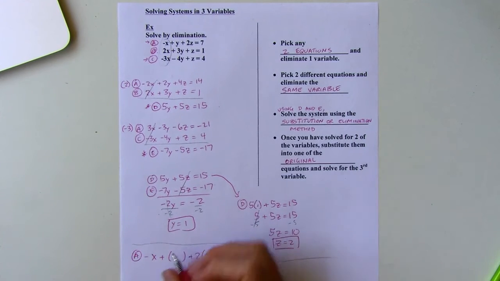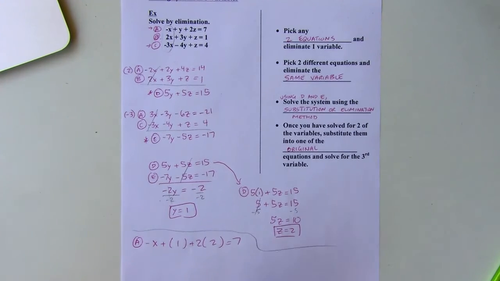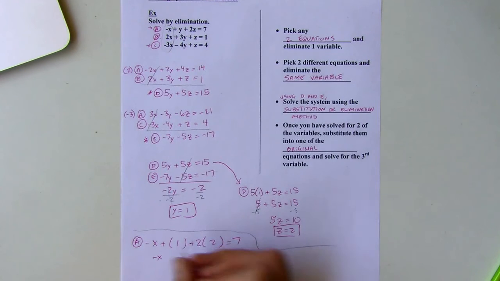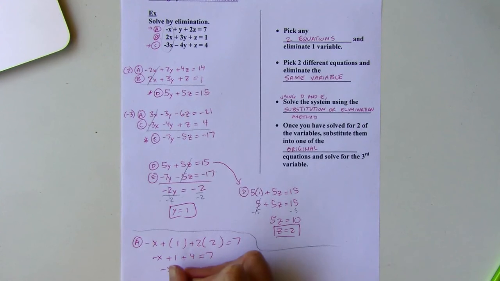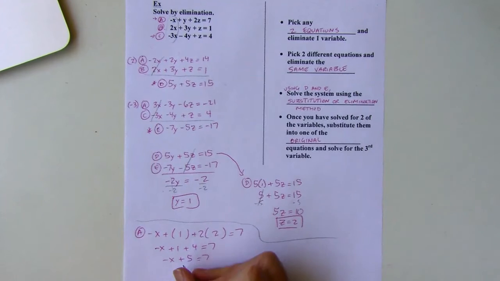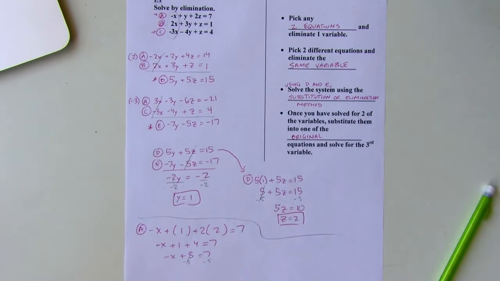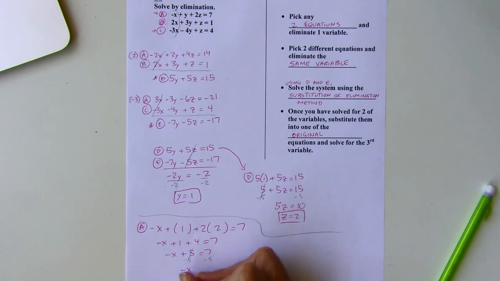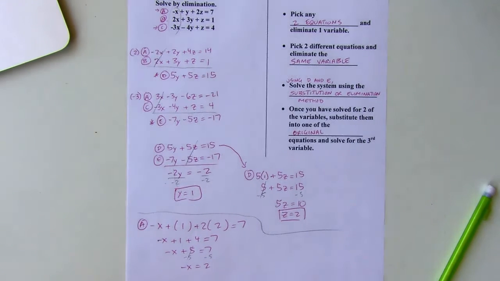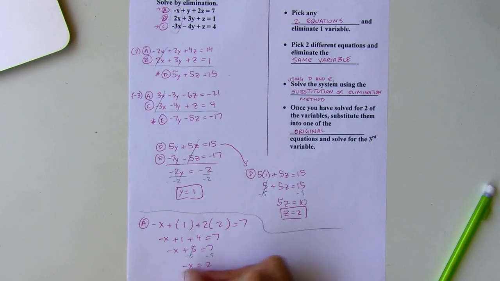So y was 1, z is 2. Okay, I can subtract 5. Okay, and then I can multiply or divide by -1. And there is my x value.